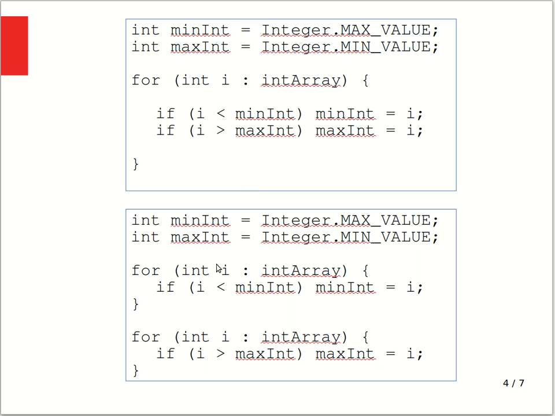Now let's look at this piece of code. This piece of code does exactly the same thing as the previous piece of code, except that now I have unwrapped the loop. Now we have 2 loops, but inside of each loop we only do one piece of work, right? For this for loop, we're going through the array once, and we're trying to find the minimum value of that particular array, right?